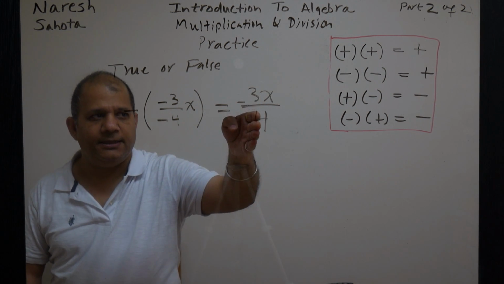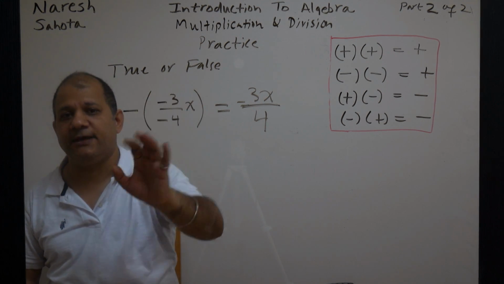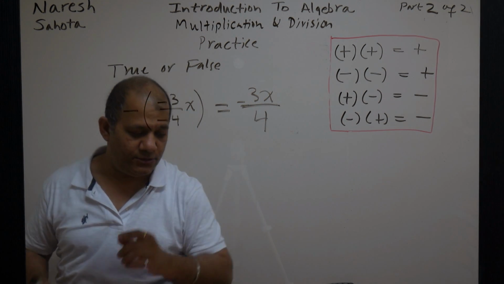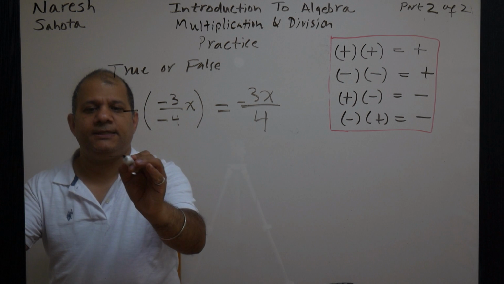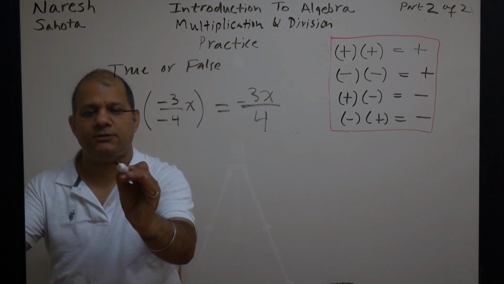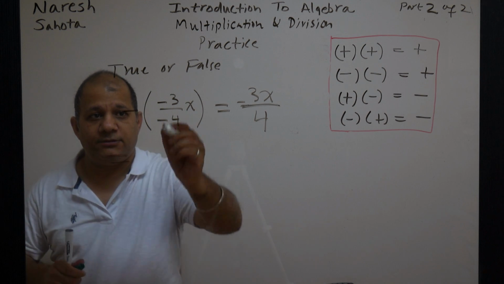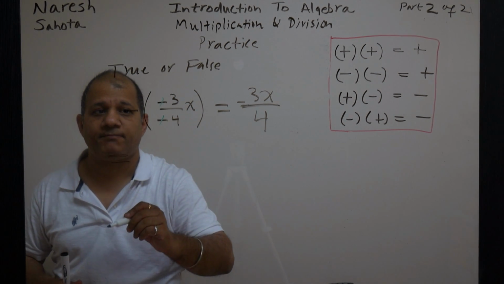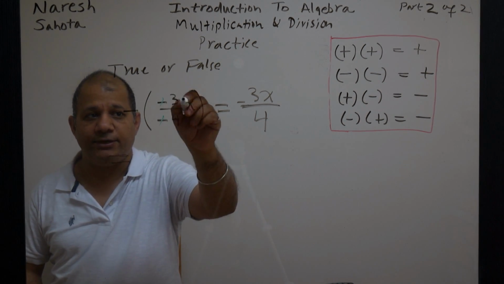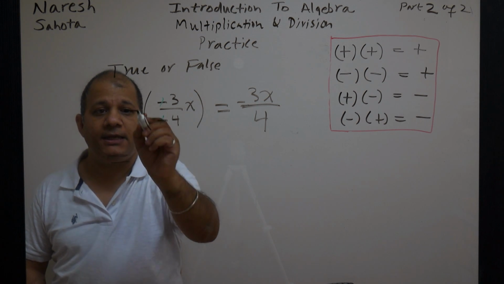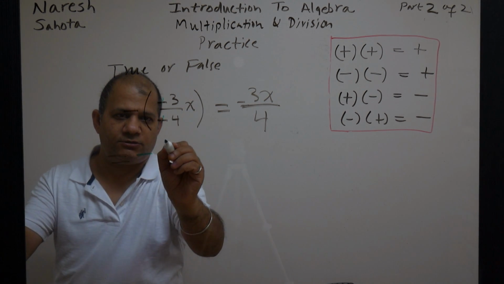It's in its simplest form. It's the left side that we need to simplify and then compare to the right side. Now these negatives we know are going to cancel, right?